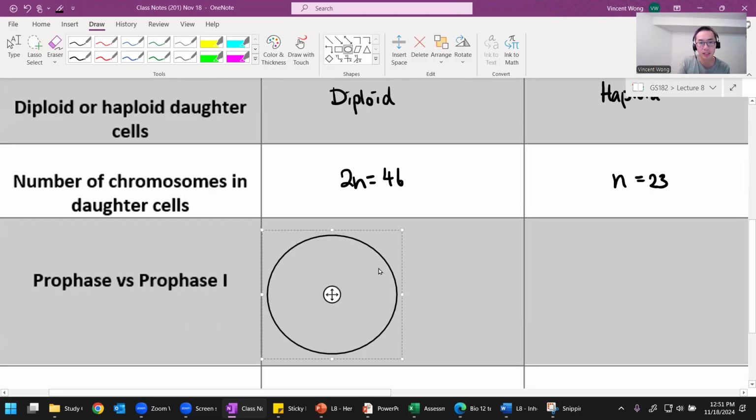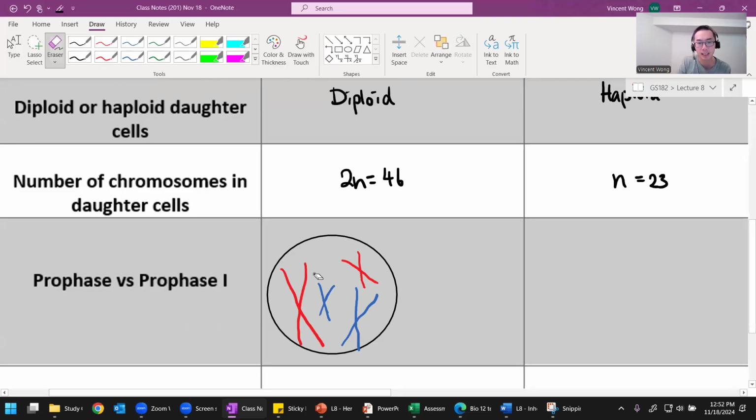Okay, we're going to have a cell here, and I'm going to use red to represent the maternal chromosome. Remember the chromosomes are numbered based on size. So these really big ones are chromosome 1, and these smaller ones are chromosome 2, and of course it goes to 3, 4, 5, 6, all the way to 23, right?